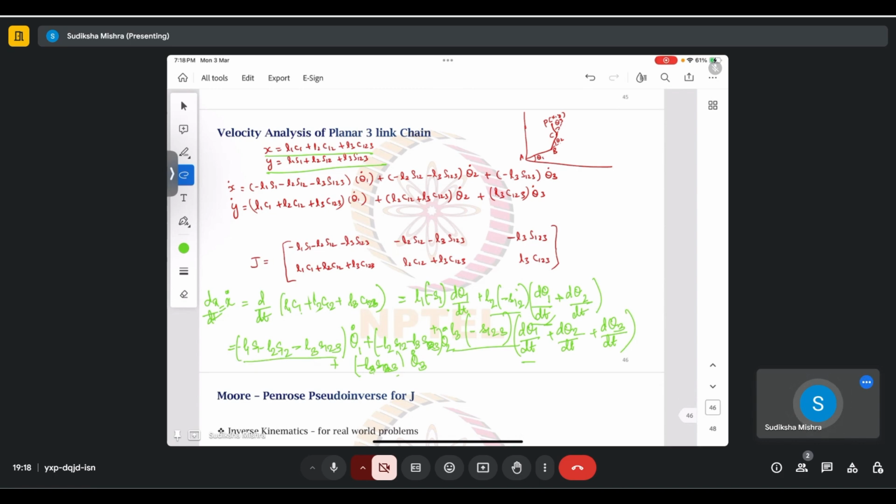This term becomes the first term in your Jacobian, this the second, and this the third. Similarly, when you compute dy by dt, you get such an equation, where this term becomes the fourth term, this is the fifth, and this is the sixth, and this can be represented in a 2x3 matrix.